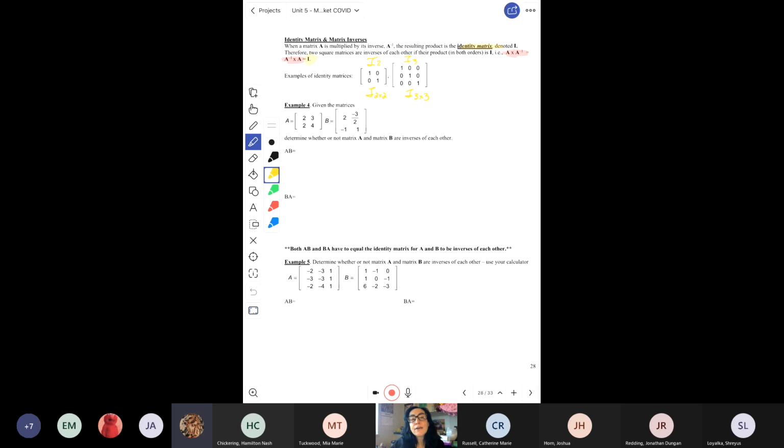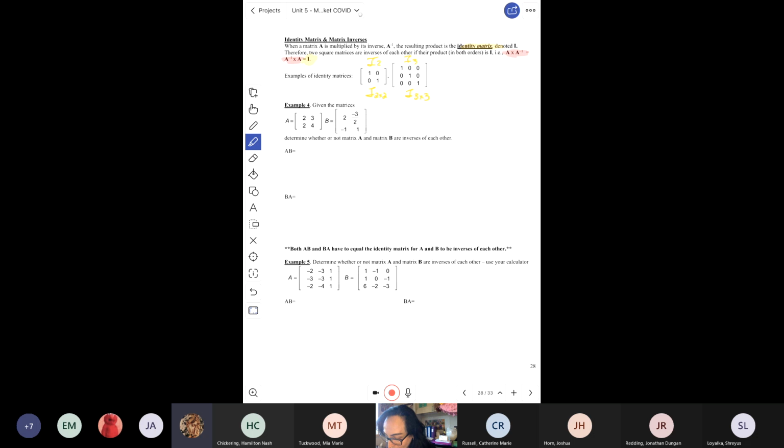So if I give you two matrices on a test, let's say A and B, and I ask you to determine if they are inverses of each other, all you have to do is multiply them together. If you multiply them together and you get the identity matrix, they are inverses of each other.